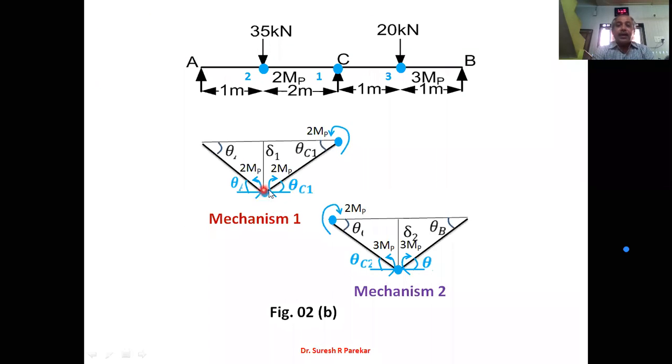Under the load of 35 kilonewton we have 2 MP, because for span AC we have 2 MP, but under 20 kilonewton I have 3 MP on both sides. Where we have the intersection of these two spans, there we take the minimum of the two, not in the span. So under the load of 20 kilonewton you have to take 3 MP, 3 MP.